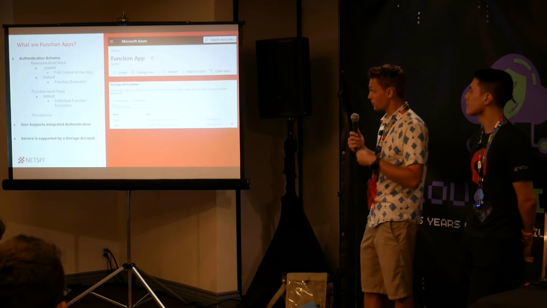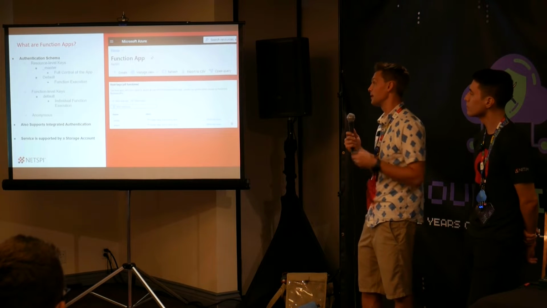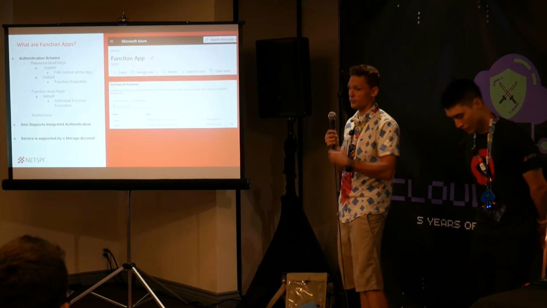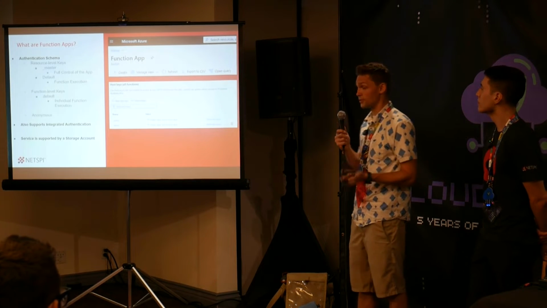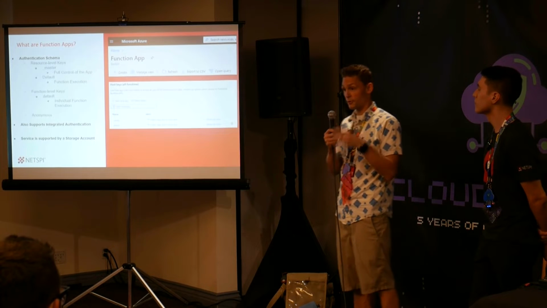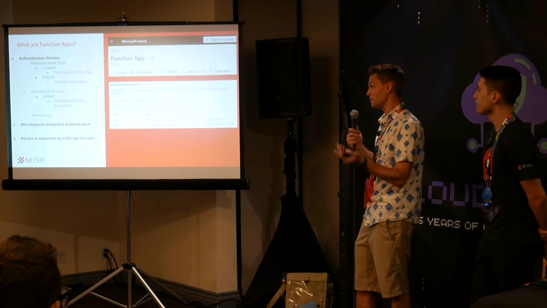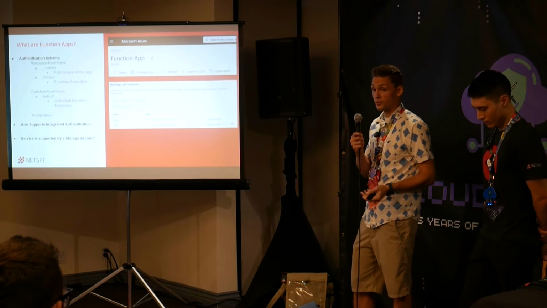Under those individual functions, you have function level keys, and those have the ability to execute your functions all the way down there. You can also have anonymous functions as well. You just set in your function.json anonymous as your type, and then anybody can call those APIs.